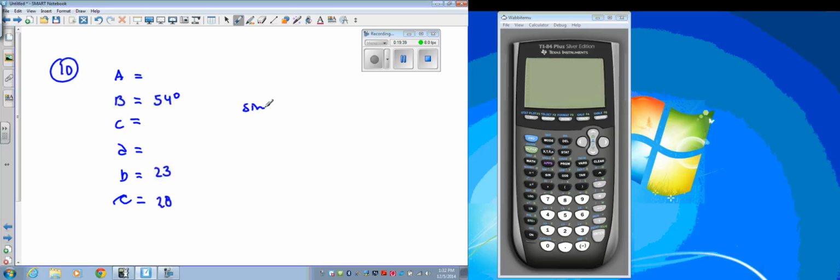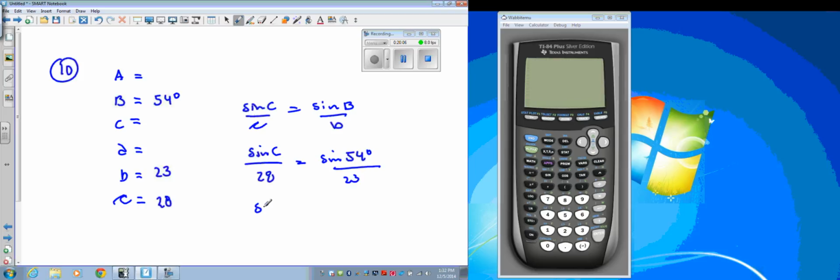So I'm going to go sine of C over C equals, this is the law of sines that I'm going to use. And so if I substitute the values that I know in, I get 28 sine 54 over 23.